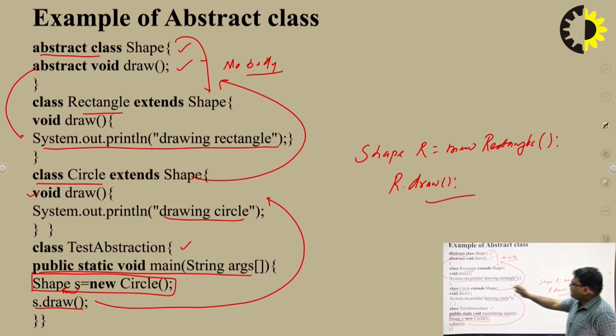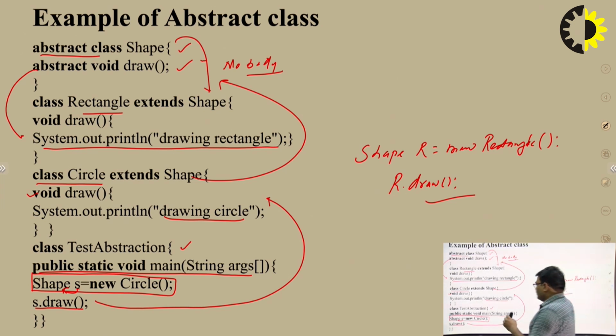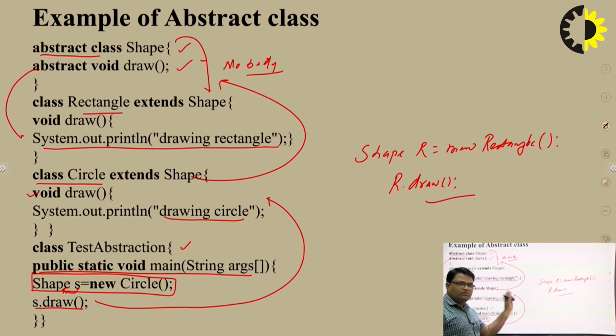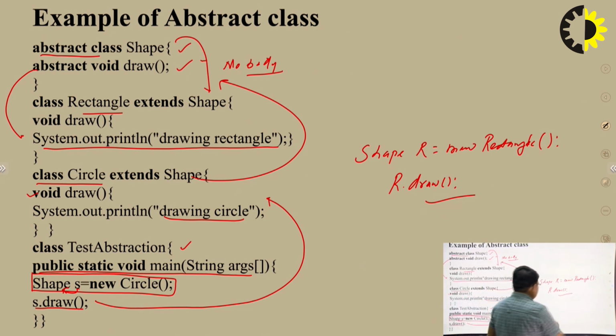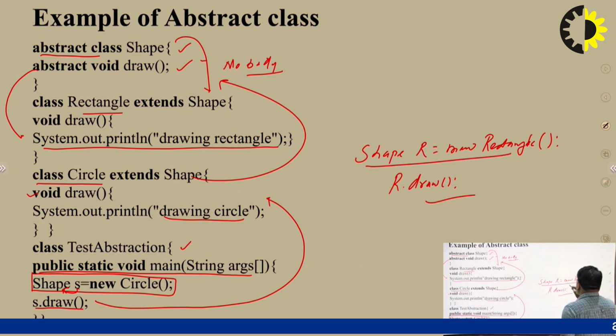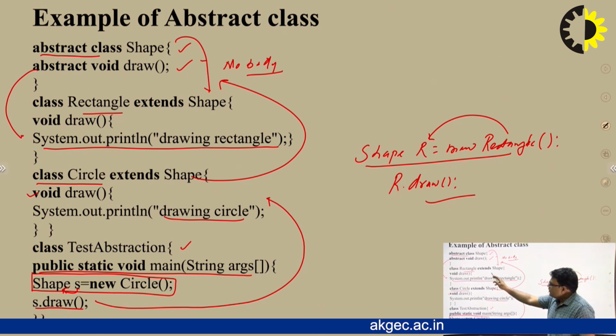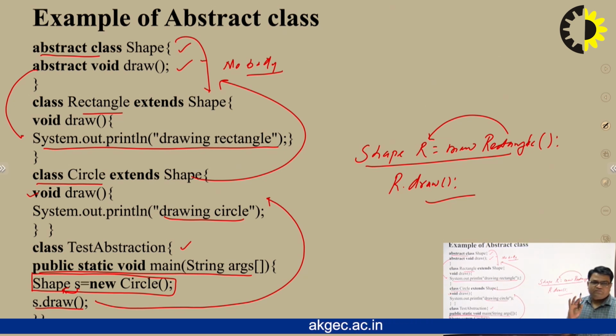It will print "drawing rectangle", right? If we take the object from the circle class, it will call the implementation of draw in the circle class. If we make an object of the rectangle class and assign it to the abstract class reference variable, it will call the rectangle class method, right?